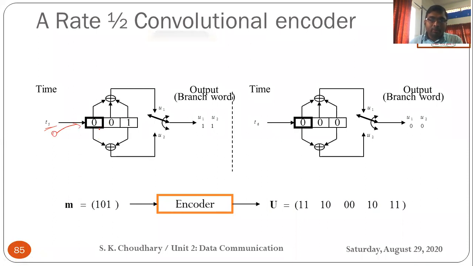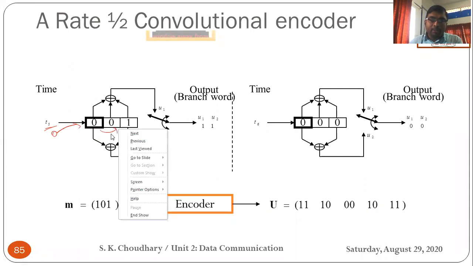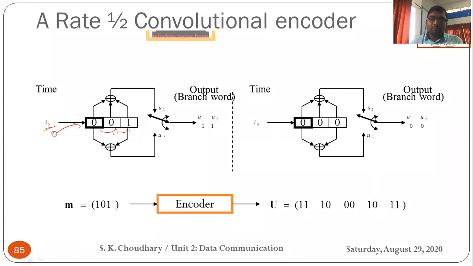Here 0 was present, so it would be shifted here, and 1 is present, that is shifted here. Now again the output would be updated, 1 1. So you can see here that at time T5 we have flushed out the actual message sequence 101.